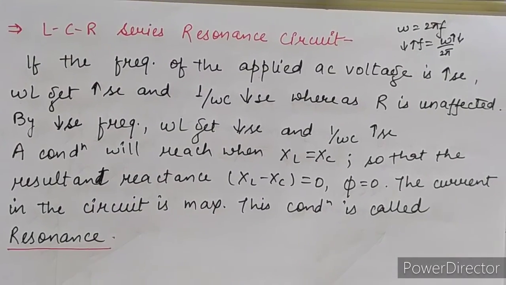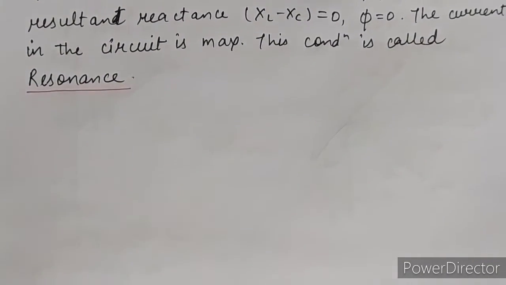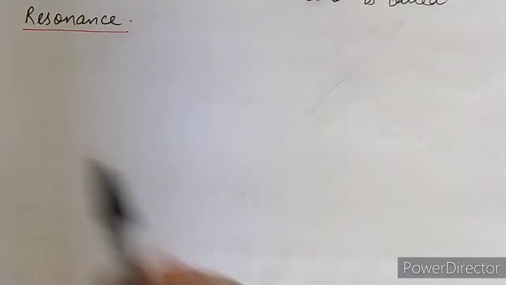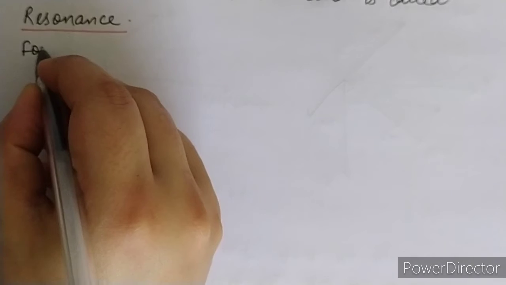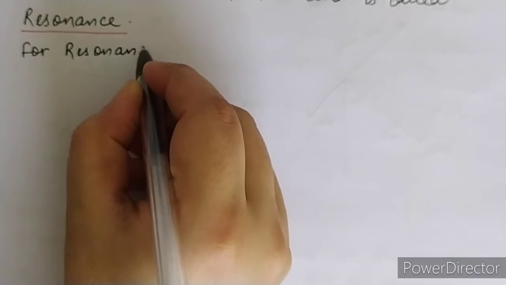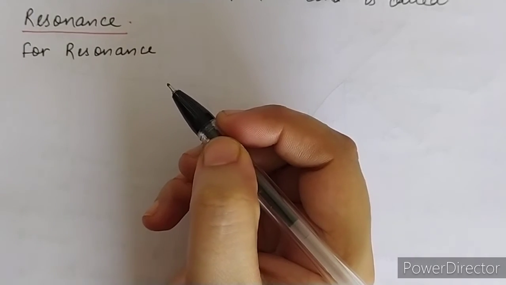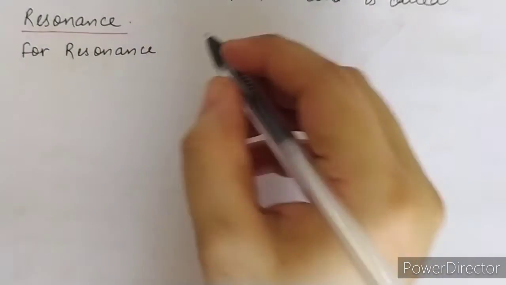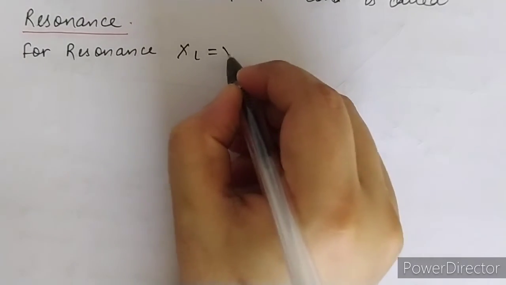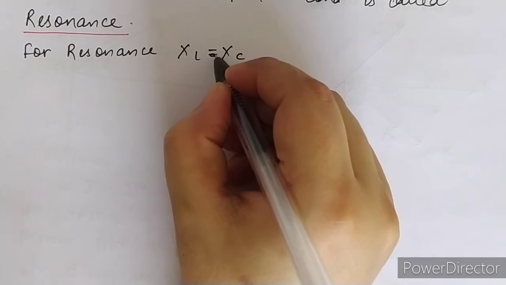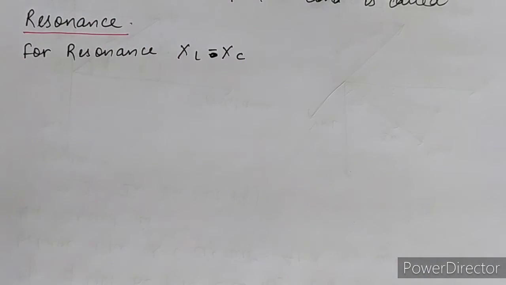For that we have to calculate the values. For resonance we have to solve it out. So XL is equal to XC. We take X as XL minus XC.